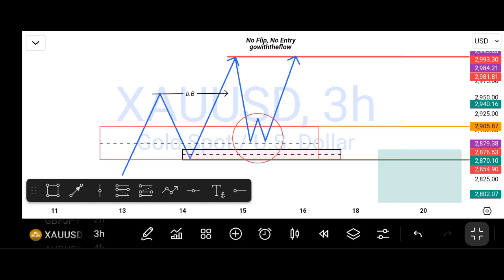We cannot use 15 minutes or 30 minutes to determine the range, because we might get it wrong. So you must use a higher time frame. Me, I prefer the 4 hours, the 2 hours, or even the 3 hours, depending on the time frame that shows clear break of structure and clear candle formation. That is the time frame you are going to use.